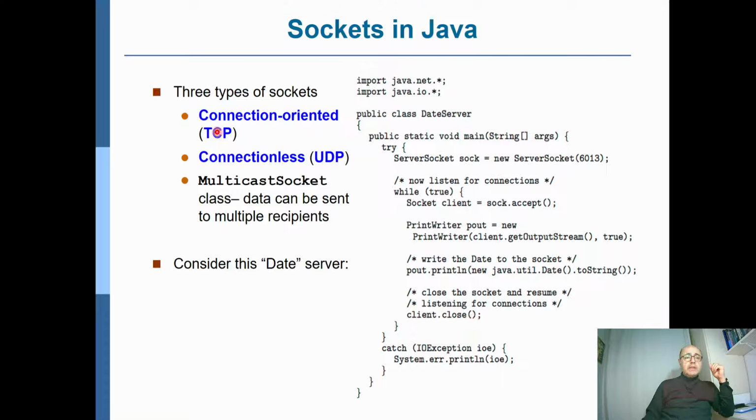Note that for the connections, we have two different types of connections. One is connection oriented, which is based on TCP, the Transport Control Protocol. TCP provides what we call the guaranteed service.